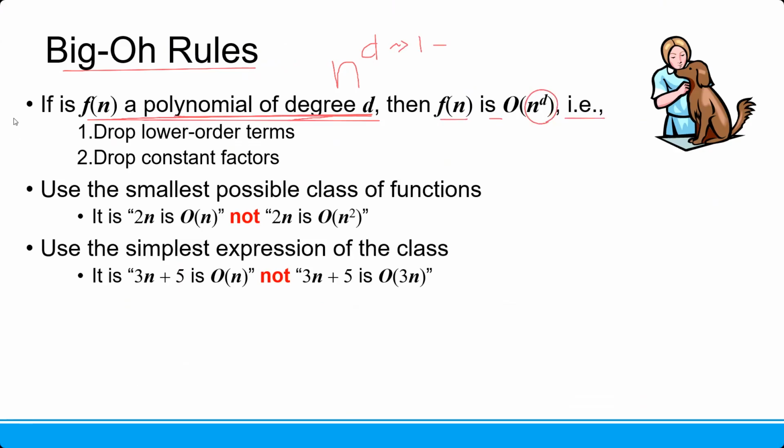That is, not the lower order terms. This is what we learned before. You know what is lower order? This is the lowest, this is higher, maybe this is the highest. If your function is n power of 3 plus 10 n power of 2 plus n, what is the highest one?